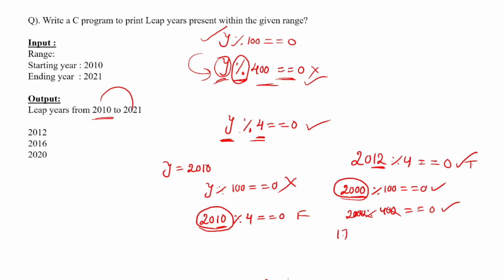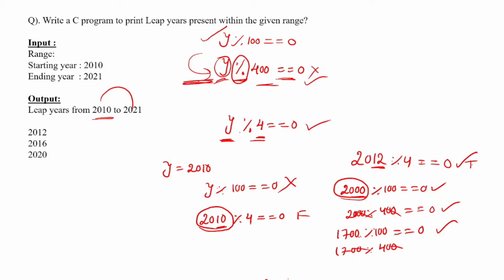But suppose take the year 1700. Is it a century? Yes, it is a century. 1700 modulo 100 equal to what? 0, true. Now check the second condition: Y modulo 400 equal to 0. 1700 modulo 400.